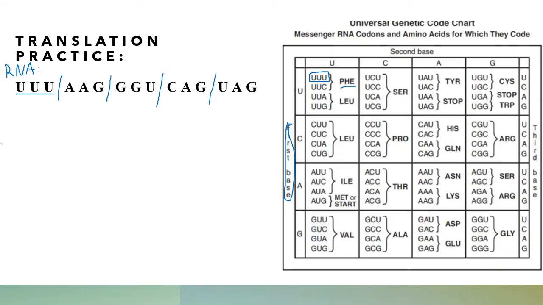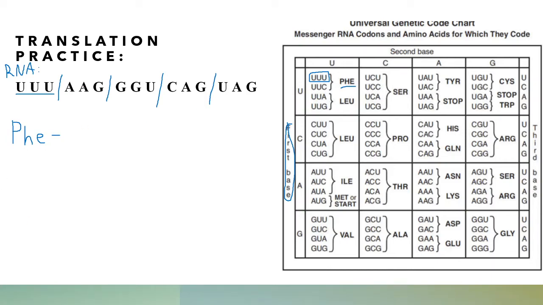So UUU makes Phe, P-H-E. So in our answer, that's going to be the first thing that we write down, P-H-E. These are all shortened. Technically, P-H-E stands for something called phenylalanine, which is the piece of the protein, but honestly, all I want is just the first 3 letters. Don't go crazy with this.